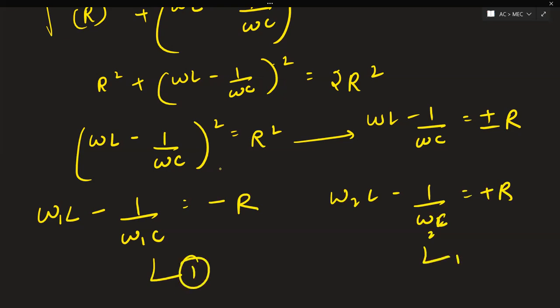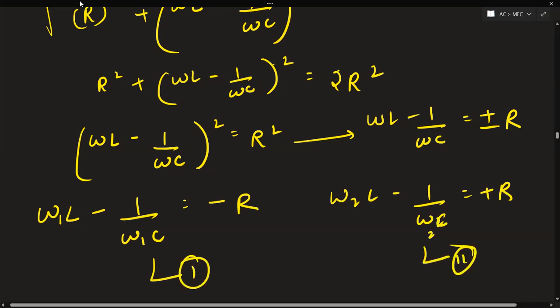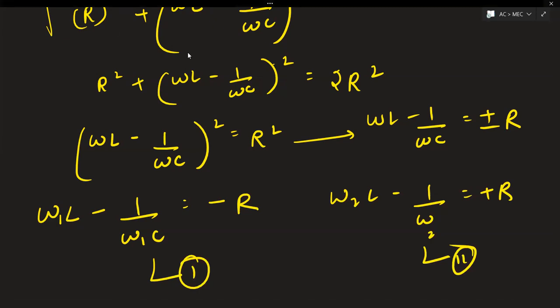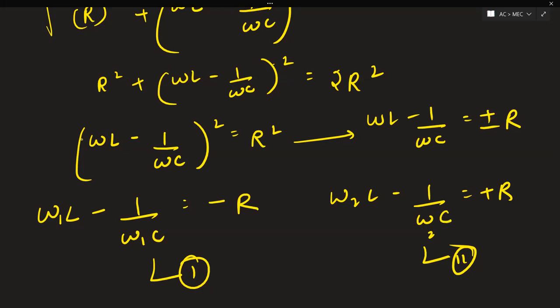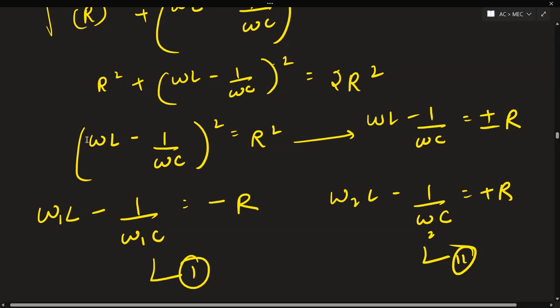These two are very important. We had written omega L minus 1 by omega C as plus minus R. So on either side of the resonant frequency, for omega 1 it becomes minus R and for omega 2 it becomes plus R.